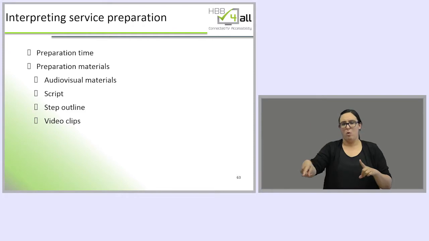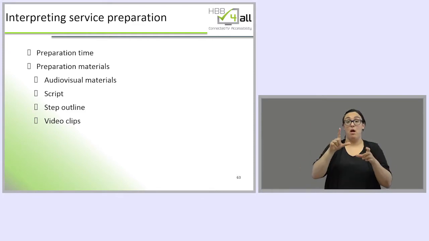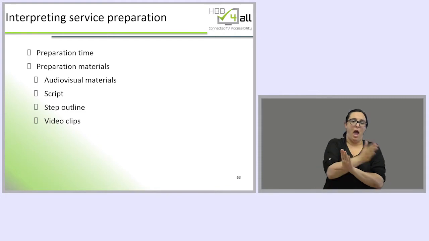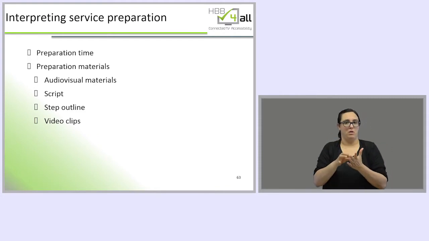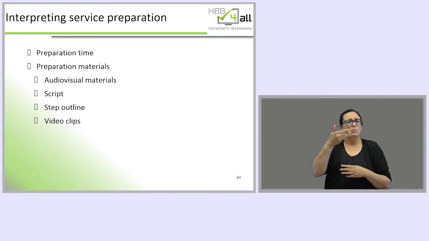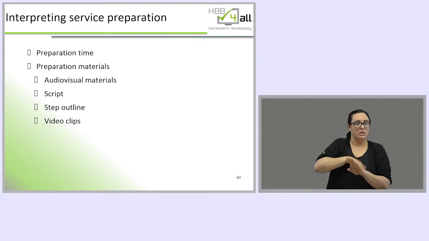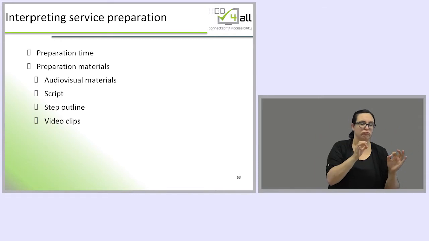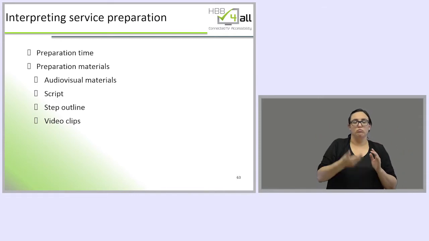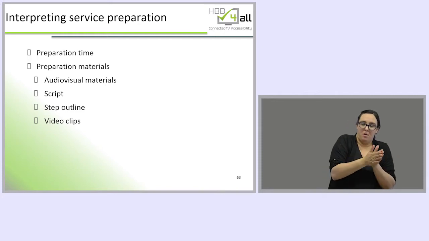Another very important feature when we're talking about media interpretation is the service preparation time. It is of utmost importance that the interpreter has time to prepare the service before the actual interpreting service, and that this preparation time is accompanied with preparation materials.